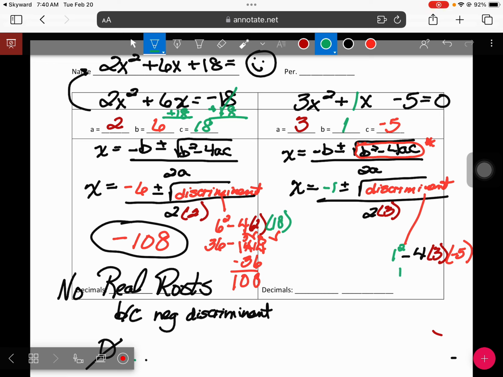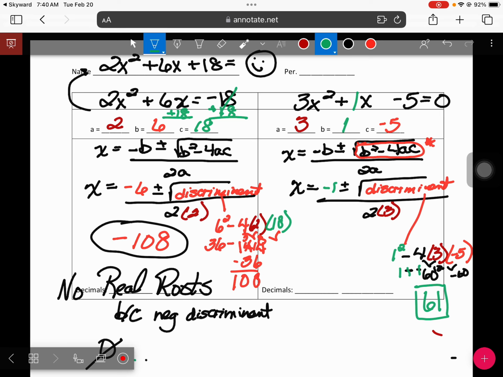So 1 squared is 1 minus, and then you do the multiplication, just like order of operations. 4 times 3 is 12. 12 times negative 5 is negative 60. So this is minus a negative 60. We cannot have a double negative, so add the opposite, and we have 61. So our discriminant is 61.